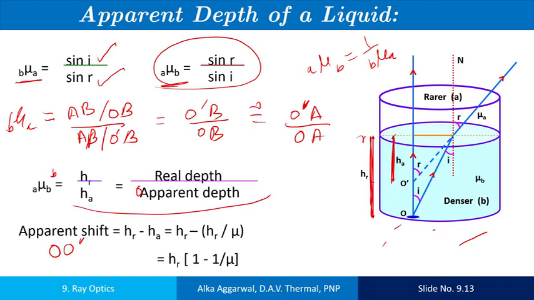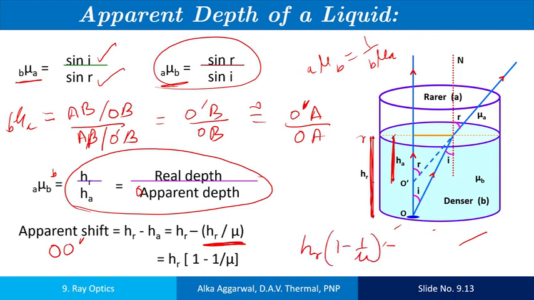From this expression, HA is equal to HR upon mu. Taking HR common, the apparent shift is equal to the real depth times (1 minus 1 upon mu).